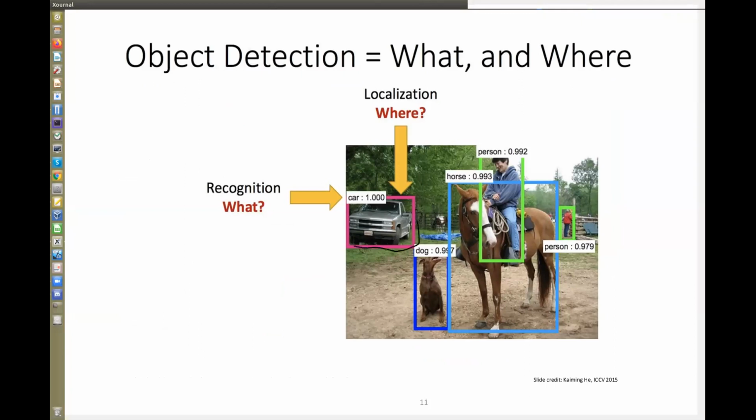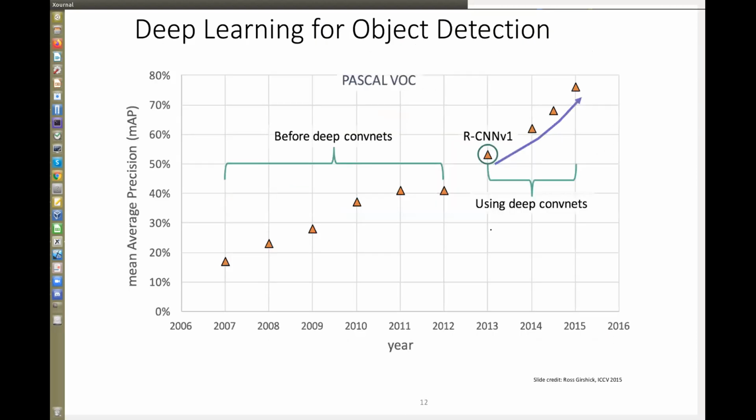I want to put a box there, and I can say with probability one, I'm 100% sure that this is a car, and I can identify this as a dog here, a horse here, and so on. For object detection, people are also getting much better now.